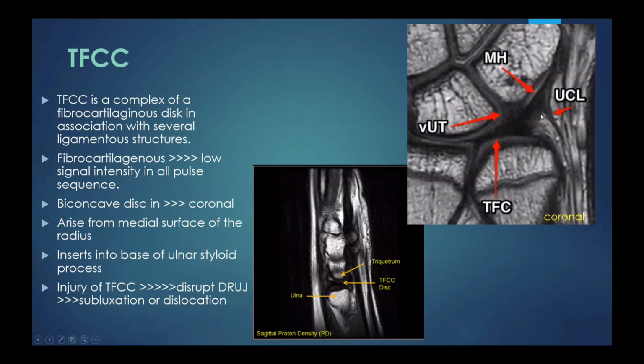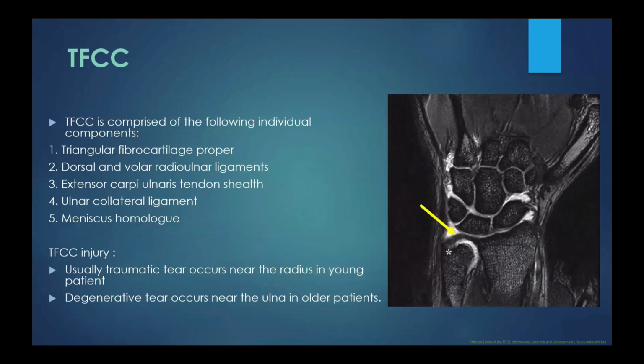This is how the triangular fibrocartilage looks on coronal images, and this is how it looks on sagittal images. This is another example of normal triangular fibrocartilage with preserved low signal intensity.